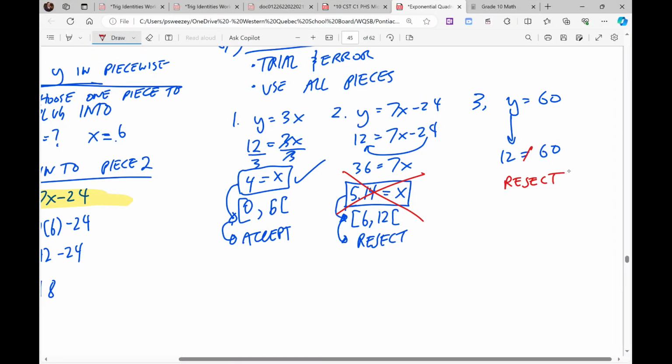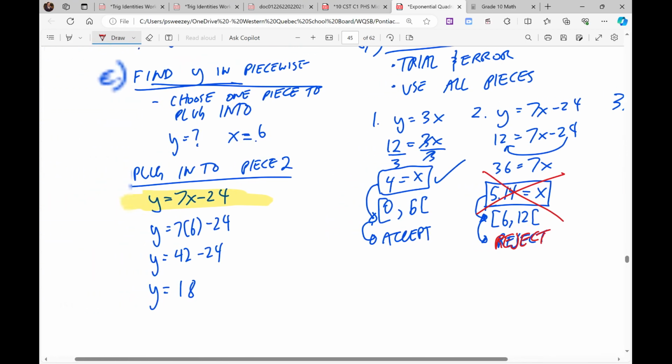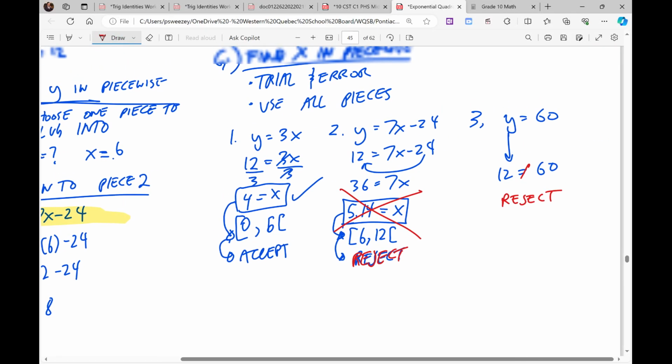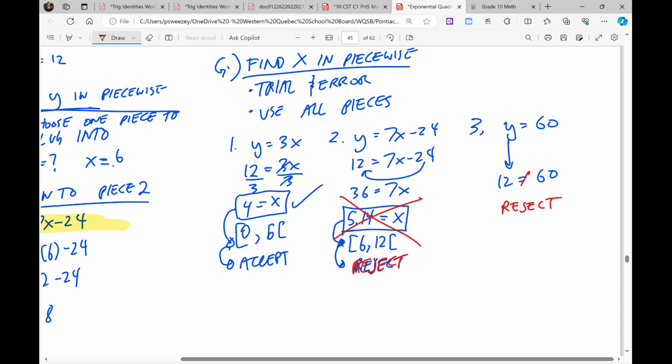The only way you would accept that one is if it was 60 is equal to 60, and that just doesn't work. So to go back to it, solving for y, we choose a piece, plug it in and solve. Solving for an x, we trial and error our way through it, plug in a y and solve for an x, and you can accept more than one, but in this case we only accepted this one right here, and then that was it. But you have to keep going because sometimes it may include both of them.